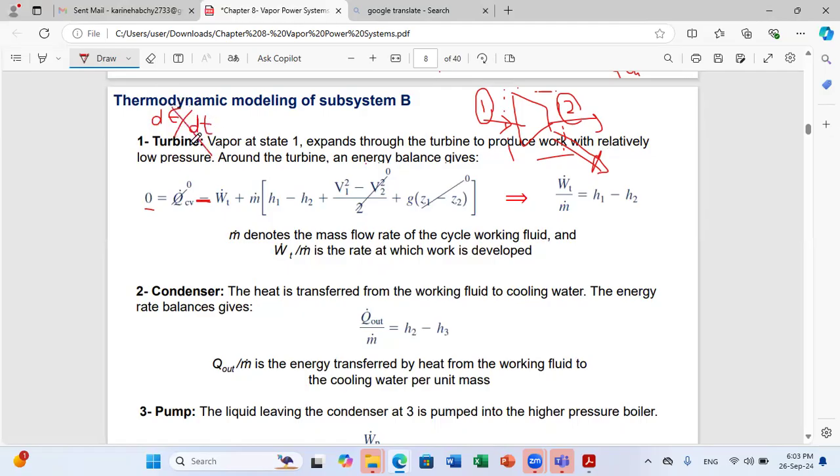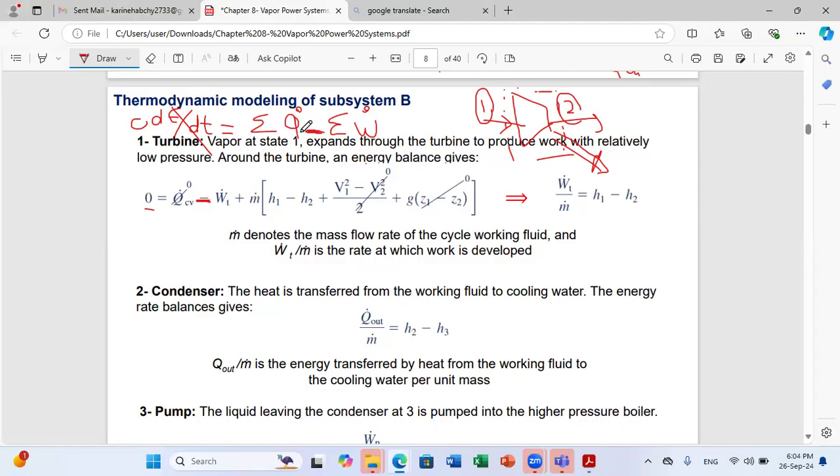This term is equal to 0, is equal to sum of Q dot minus sum of W dot. And we consider that W is positive when it's produced by the system and negative when we put it into the system. That's why we put the minus sign here.